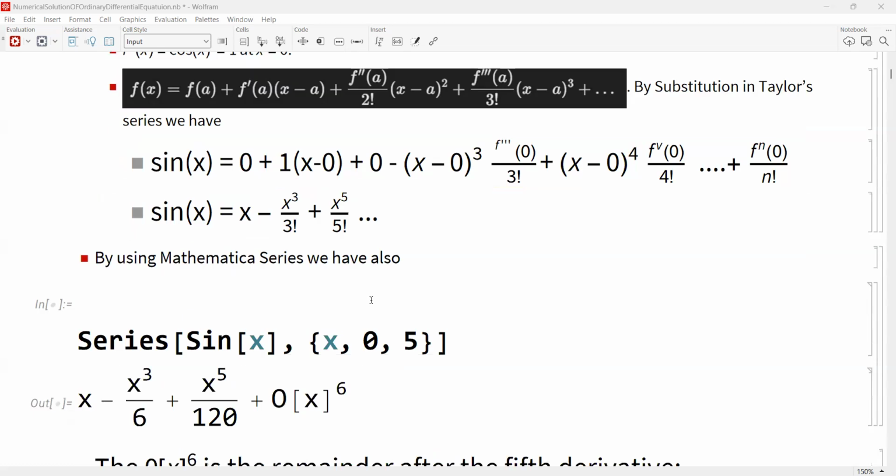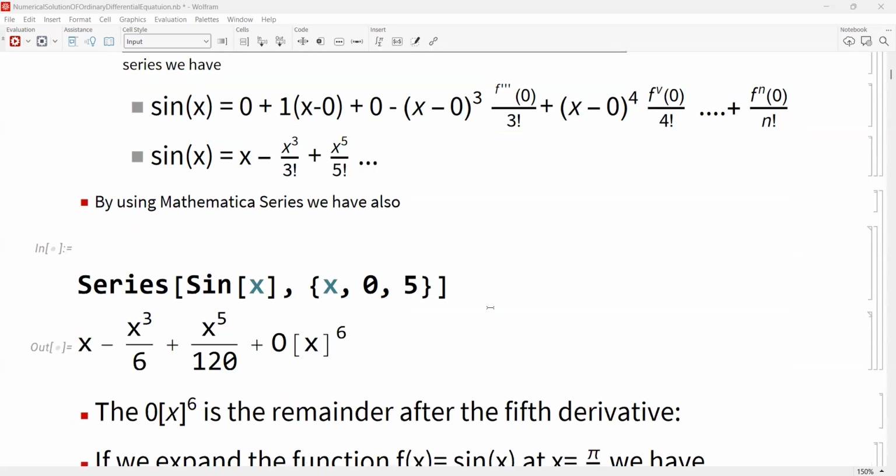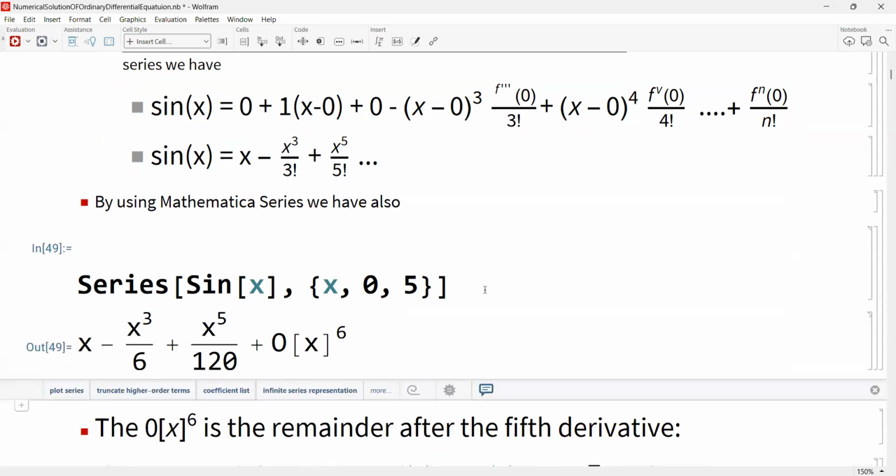Okay. So by using Mathematica, we have also this one. The 0 here means if x equal to 0, so we expand sine of x at x equal to 0. Now we have here 5 terms, meaning it is not 5 terms, but it's up to the fifth derivative here.